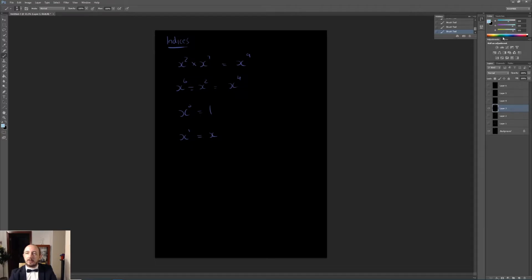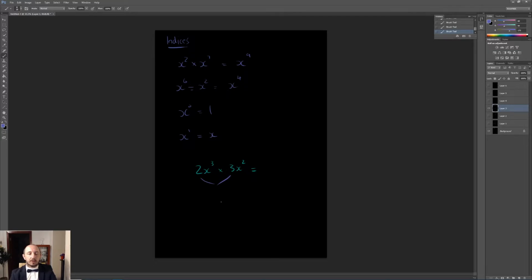And then what we do when we get to the higher levels is we start to combine these. So if we had 2x cubed times 3x squared, students often get a little bit confused as to how we go about these. So what we will do is we will treat the numbers separately.